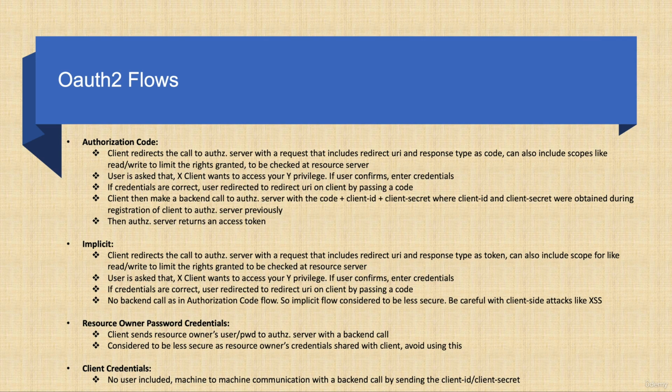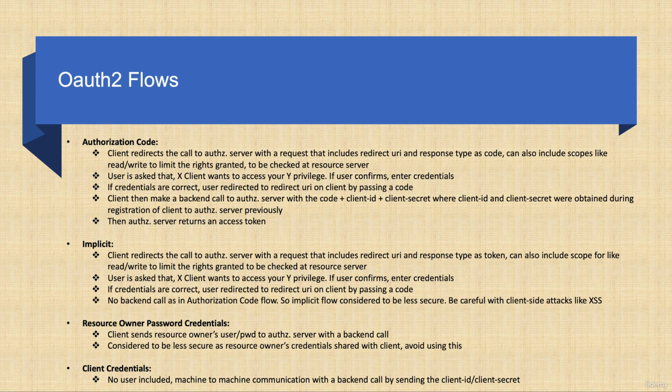In the authorization code flow, client redirects the call to authorization server with a request that includes a redirect URI and the response type as code. Can also include scopes like read-write to limit the rights granted to be checked at the resource server. Then user is asked that X client wants to access your Y privilege, and then if user confirms, he or she enters credentials.